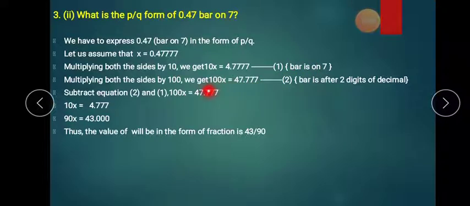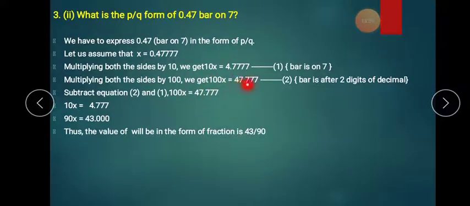So first, left hand side, we will subtract 100x minus 10x. We will get 90x. And 47.777 minus 4.7777.